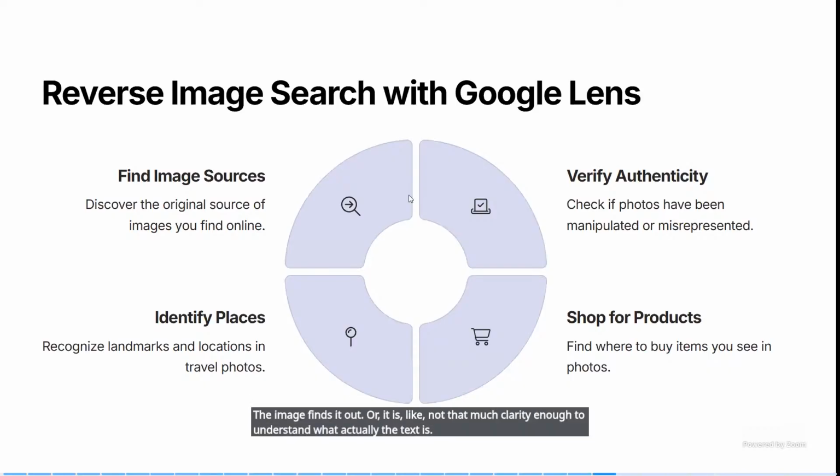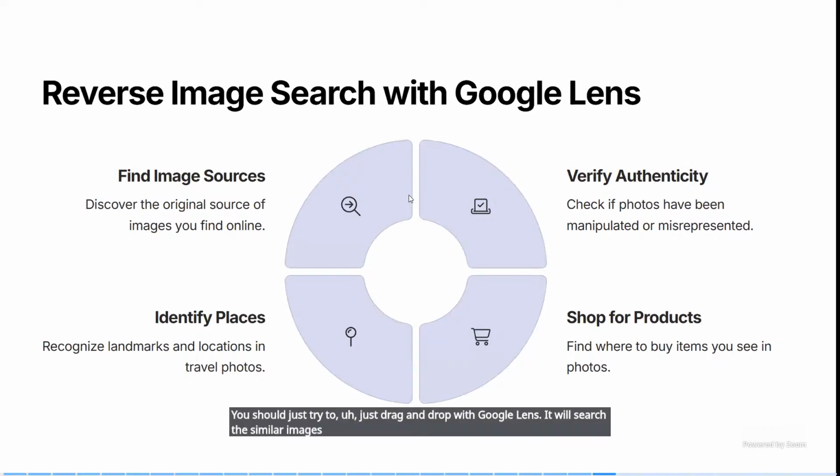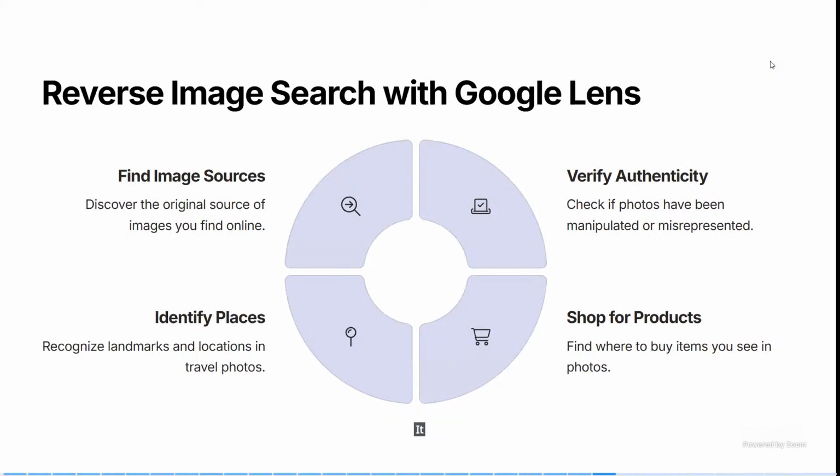You can just drag and drop it into Google Lens. It will search for similar images. It can find the actual image online, and it also verifies authenticity, checking whether photos have been manipulated or misrepresented, right?